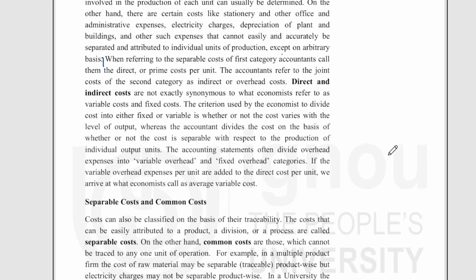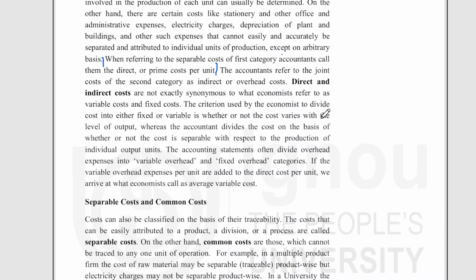When referring to the separable cost of the first category, accountants call them the direct or prime cost per unit. Accountants refer to the joint cost of the second category as indirect or overhead cost. Direct and indirect cost are not exactly synonymous to what economists refer to as variable cost and fixed cost.